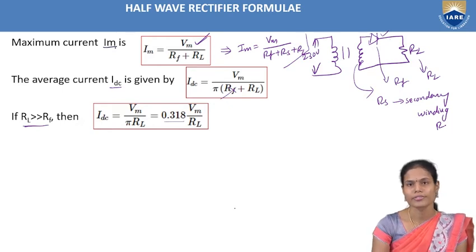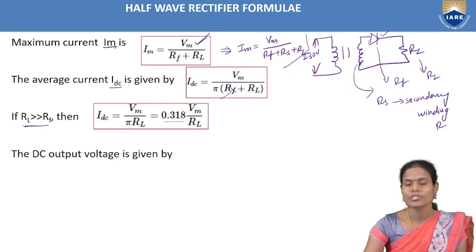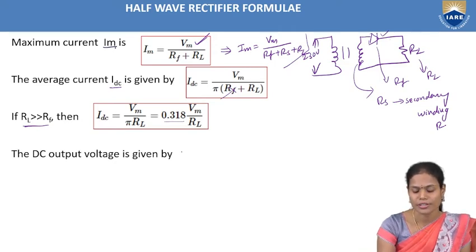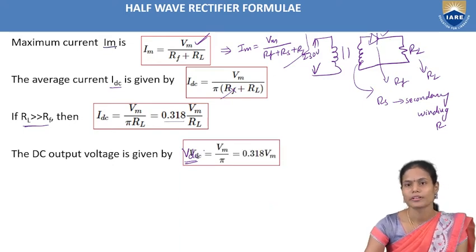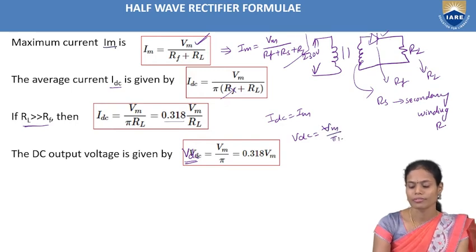And next is how much DC output voltage we are getting, which we indicate with VDC. It is Vm by pi, equal to 0.318 into Vm. So IDC is Im by pi and VDC is equal to Vm by pi in the case of a half wave rectifier.